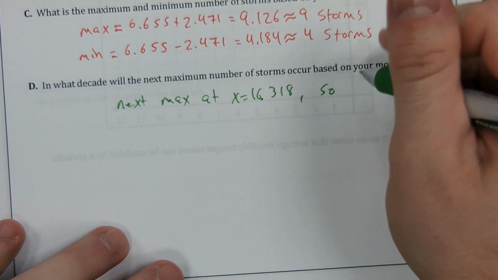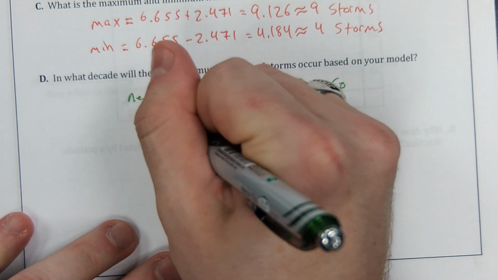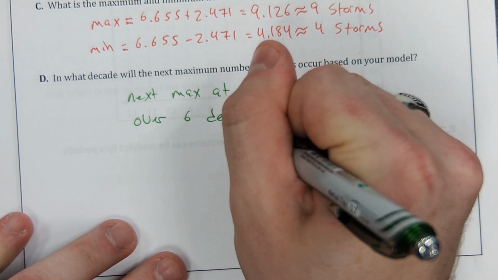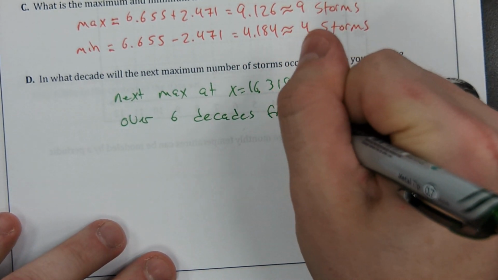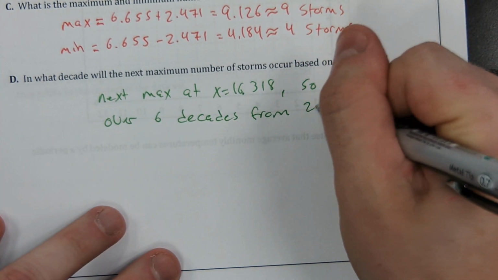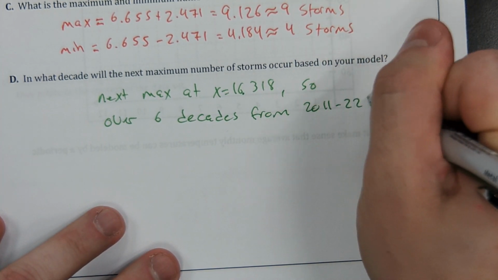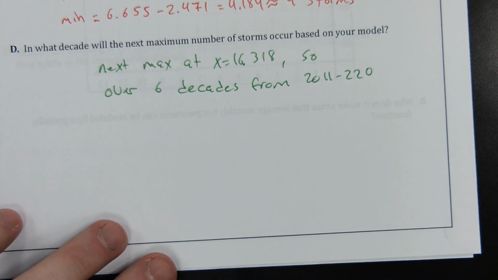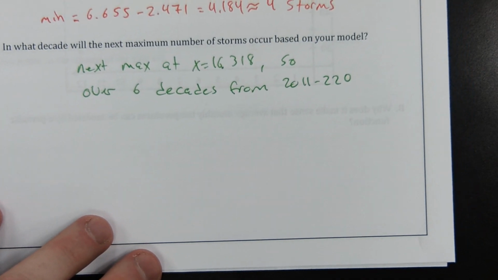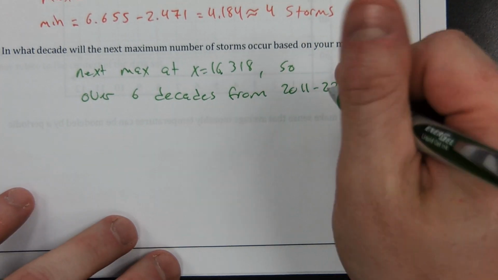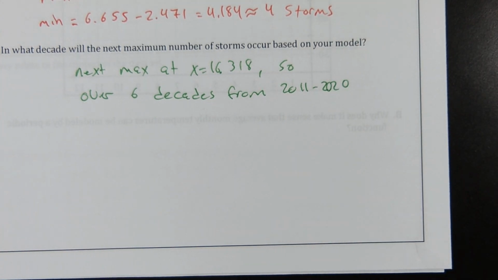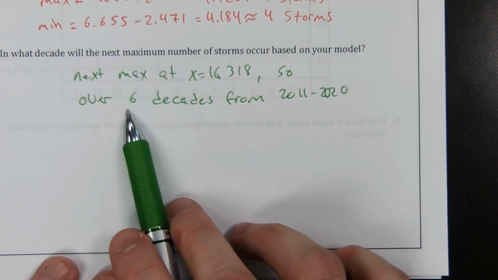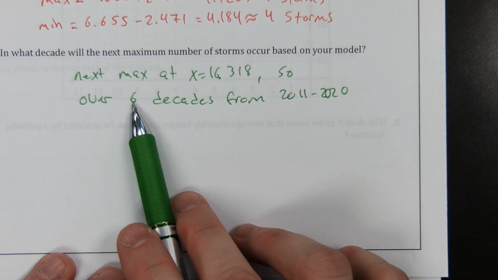So, over 6 decades, from 2011 to 2020. So where does that put us? Oops, I missed a 0. There we go, 2020. If I add, I have to go over 6 decades. So going to 2080 is not enough.